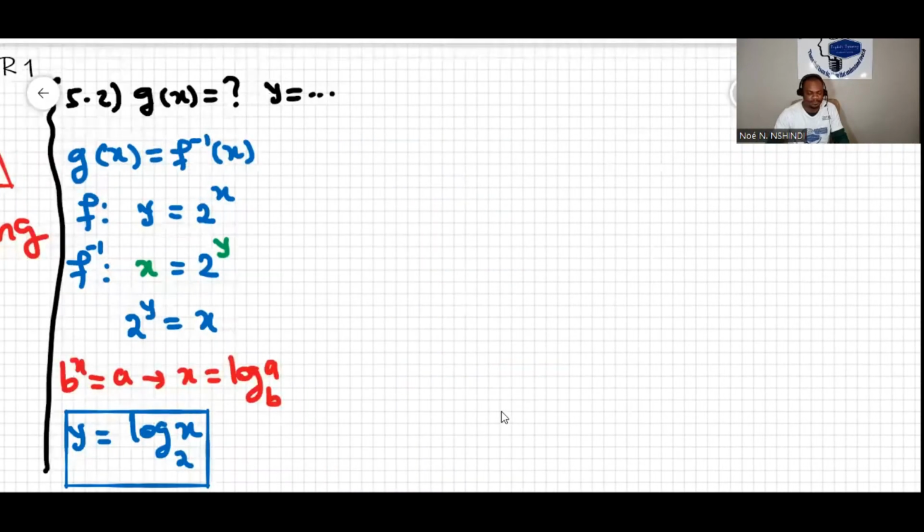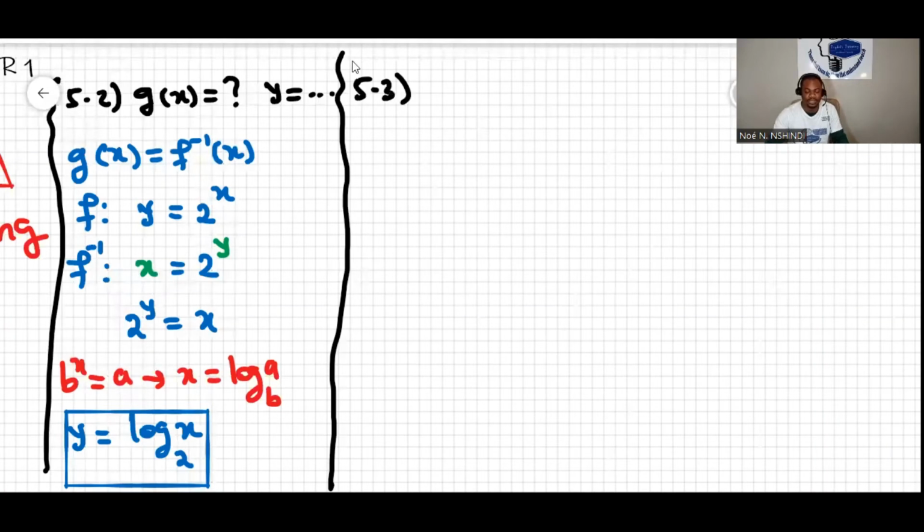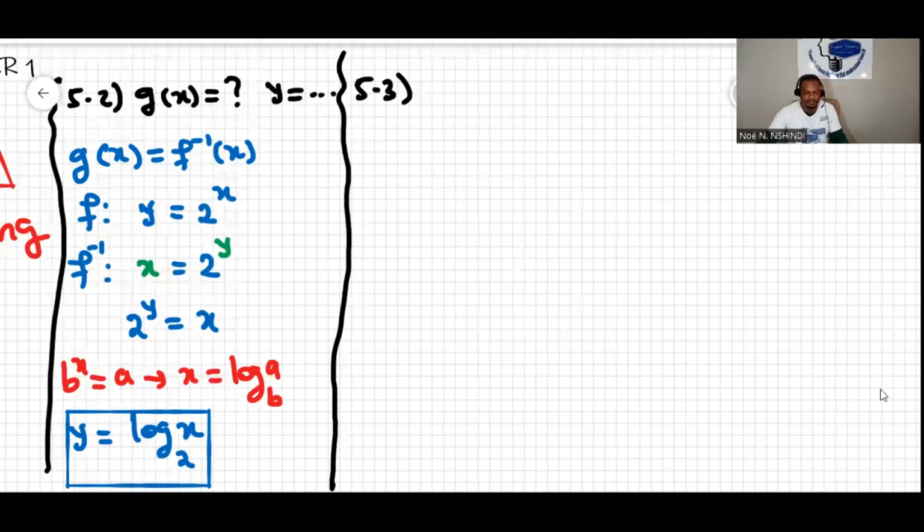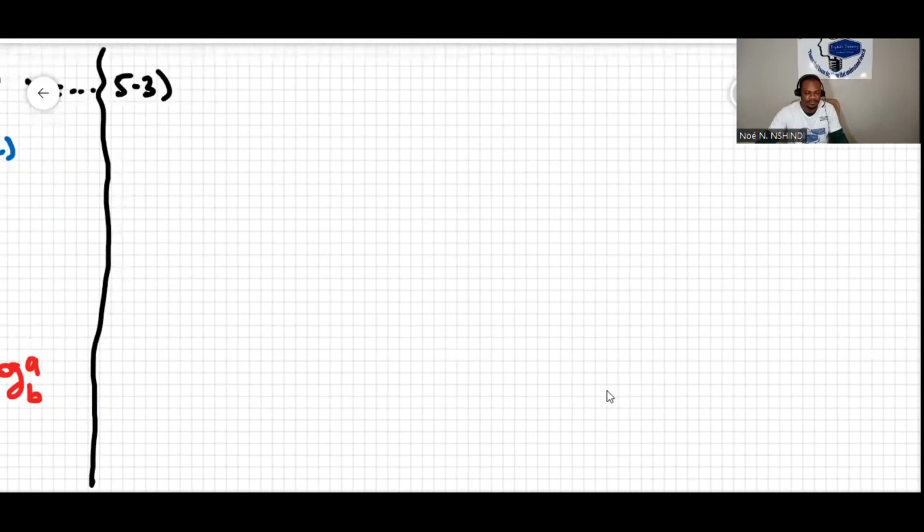So I will split my board again like this, and represent the same diagram over here again. On the right here, 5.3, we're going to do the sketch of g.